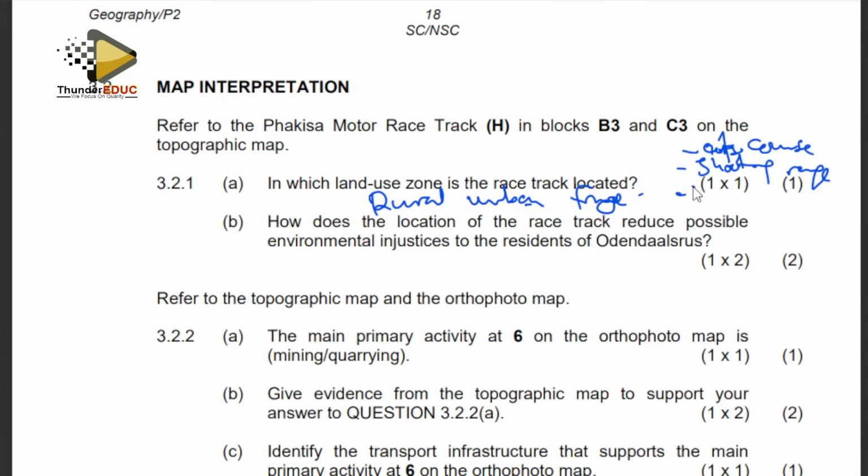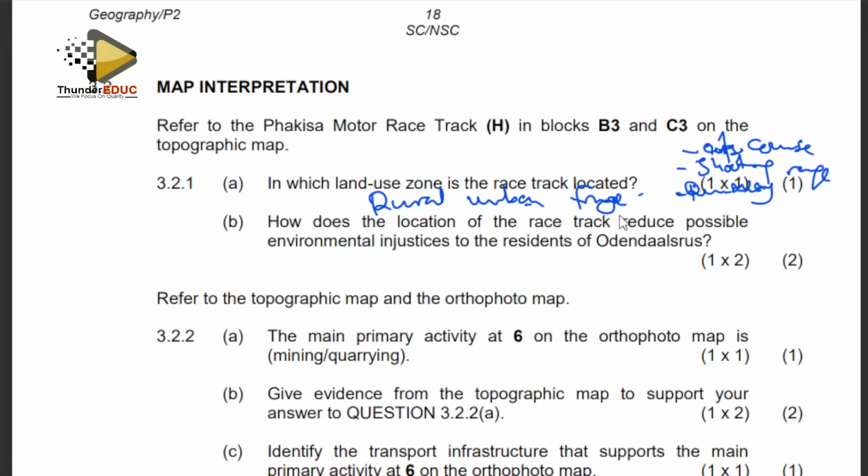If you see the runway, or we can call it the landing site, that can only be found in that region. Then the shooting range, the golf course, the runway, okay.